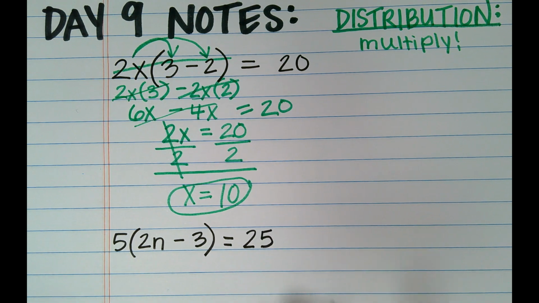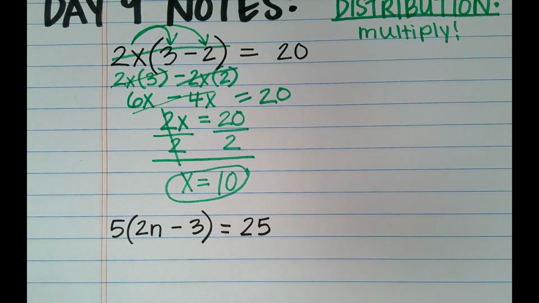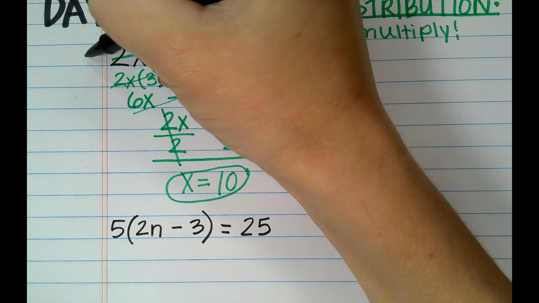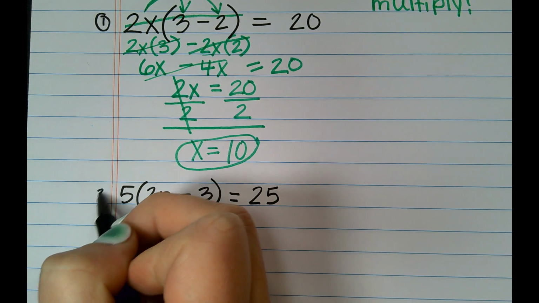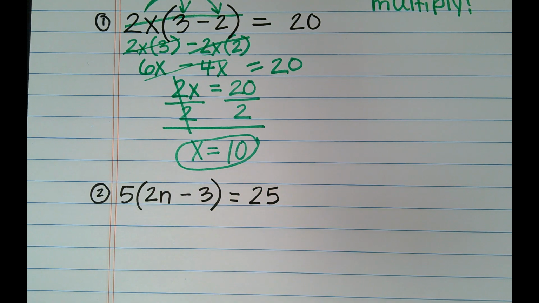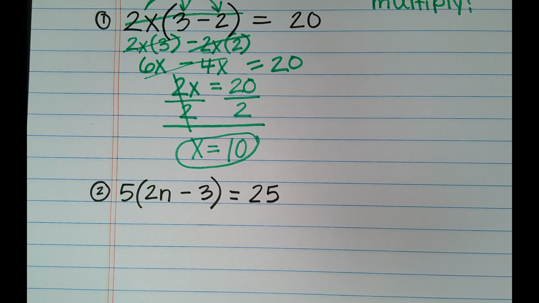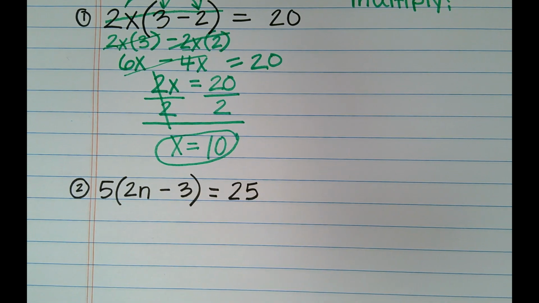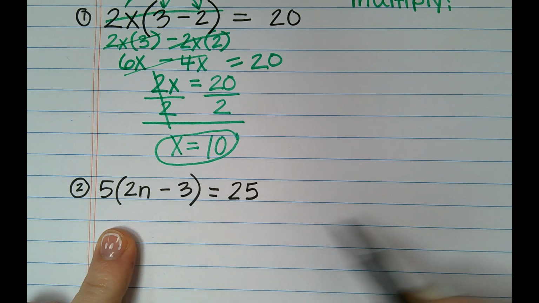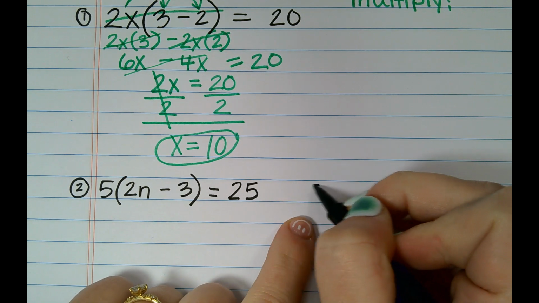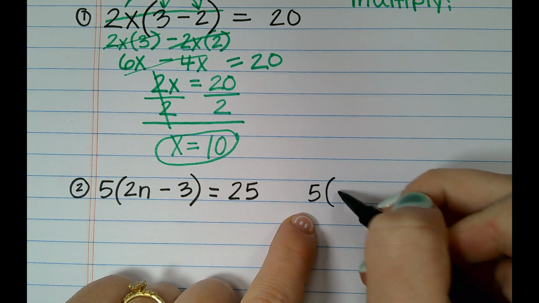So we're gonna look at another example here. So I'll just call that number 1. This will be 2. And I want to show you another way that we can solve an equation like this. So I'm actually going to write this problem 2 times, just so that we can see the 2 different methods.